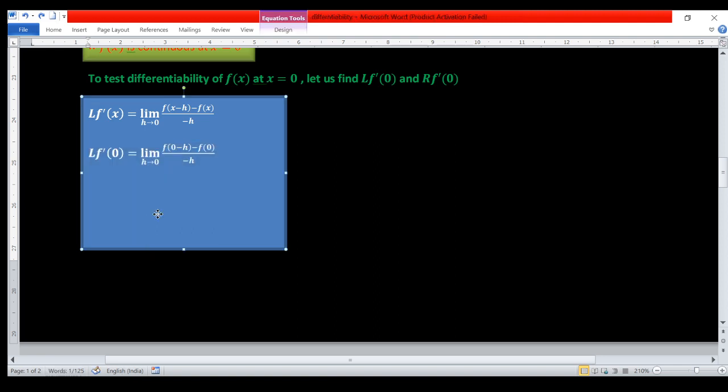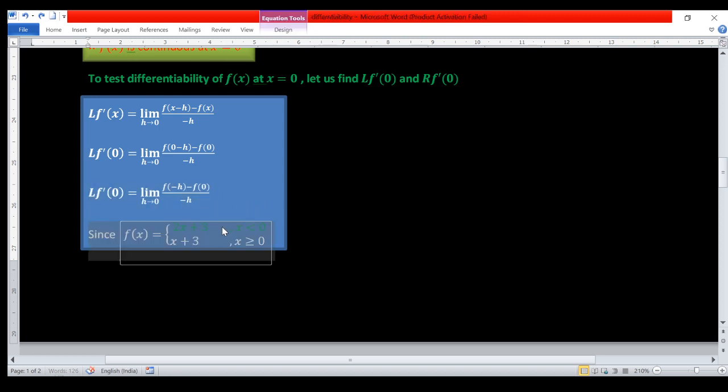Since we want to test at x equal to 0, Lf'(0) is equal to the limit as h tends to 0 of f(minus h) minus f(0) by minus h.